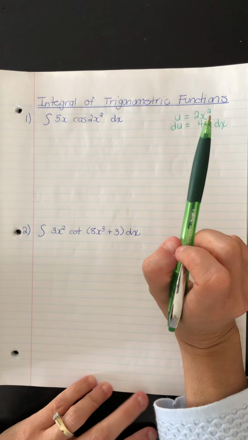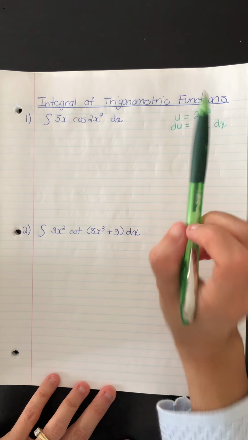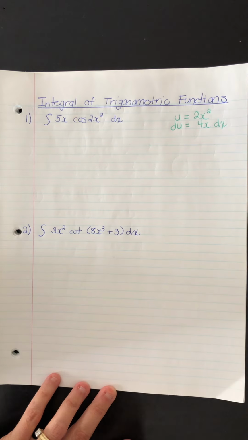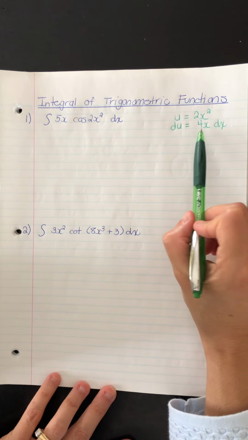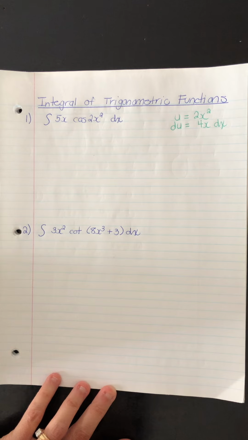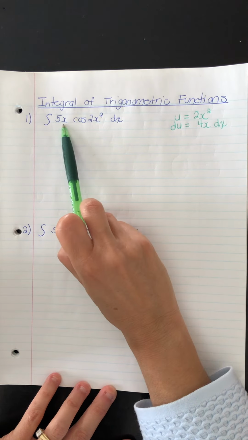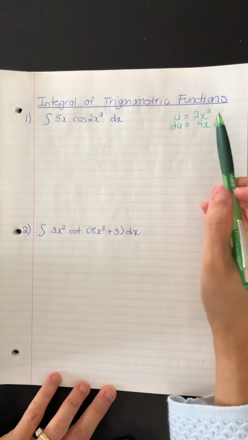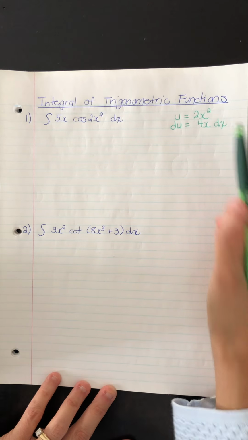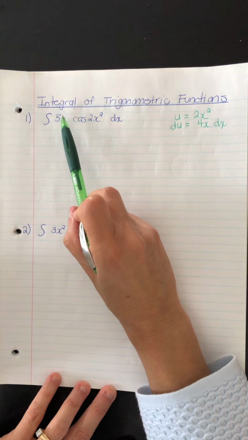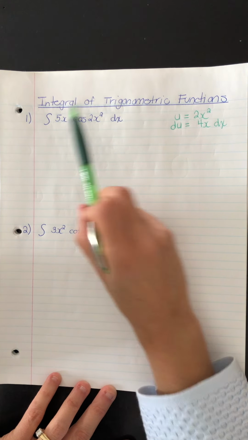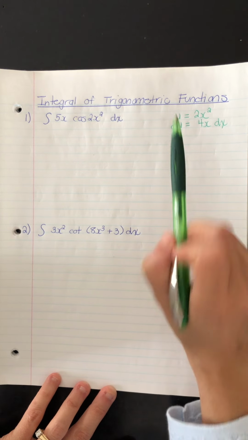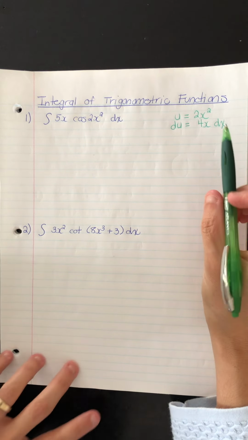The other thing we need to determine is how 5x dx compares with 4x dx. Well, 5x dx is 5/4 times 4x dx. And that means, therefore, that the 5x dx is actually 5/4 of du.